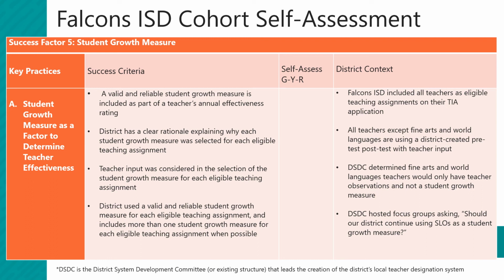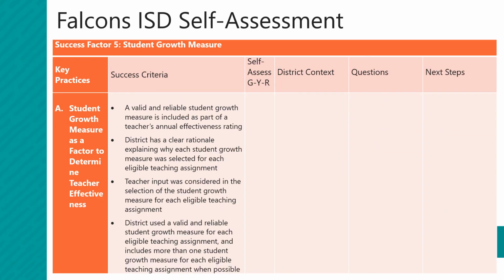This is a huge red flag because we know that all eligible teaching assignments must have teacher observation and student growth data. And there is no way to have student growth data if you do not use a student growth measure for an eligible teaching assignment. It is with that understanding that we can determine that Falcons ISD is red.